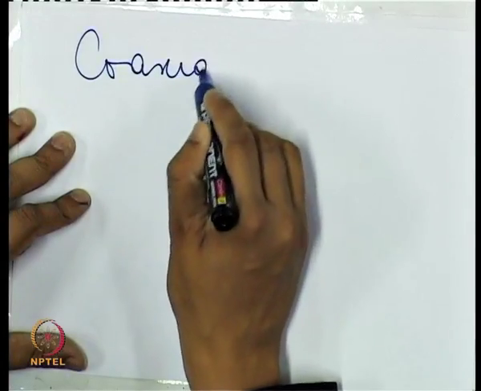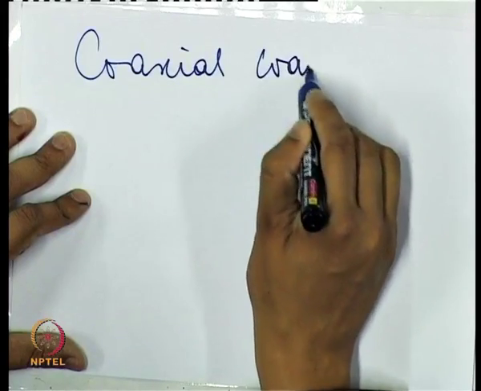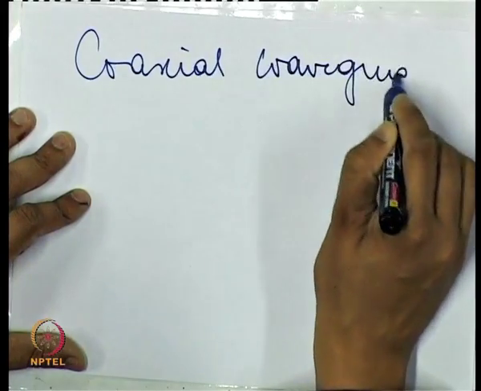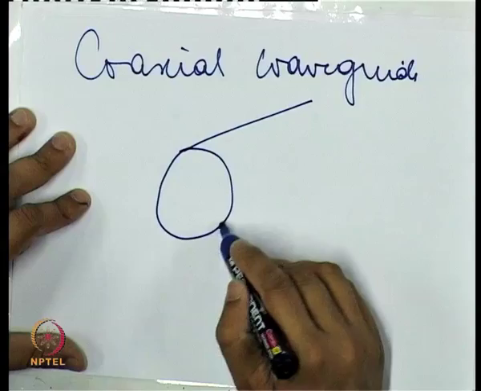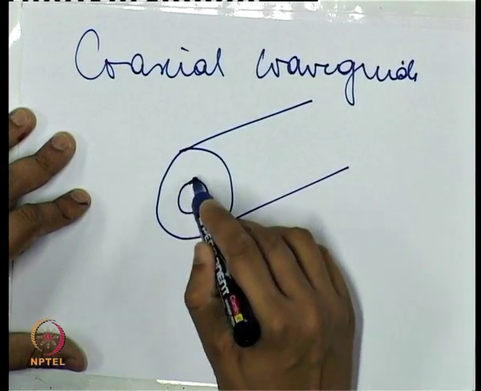For example, let us consider a coaxial waveguide. A coaxial waveguide can be drawn like this.